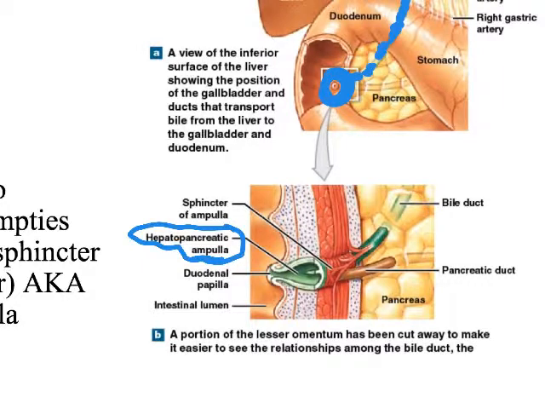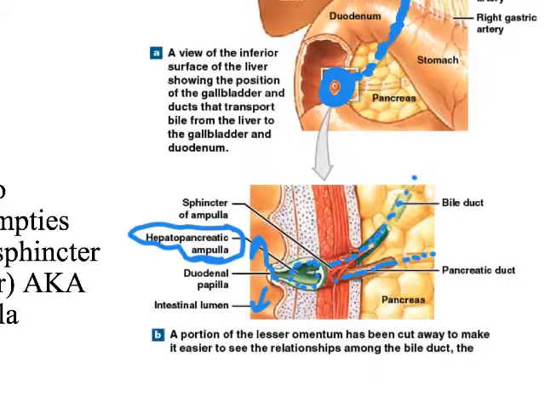So notice this opening, this ampulla, has two ducts that lead into it, right? You've got the bile duct that we've been talking about, but you also have the pancreatic duct, which we're going to talk about in a minute. And both of them empty their fluids into this ampulla, this hole, so that they can go into the small intestine, the duodenum, and aid in digestion.